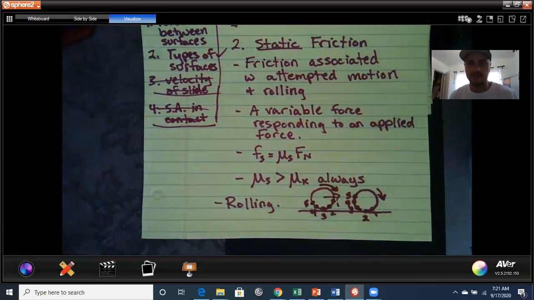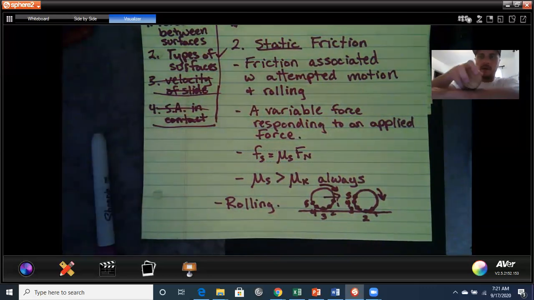Is there ever any sliding going on? No, there's never sliding going on. When this thing rolls, a whole other set of particles leave the surface and a whole new set of particles engage with the surface. There is no sliding. In fact, it is gripping the entire time, which is why it can roll. It's the reason it can roll.